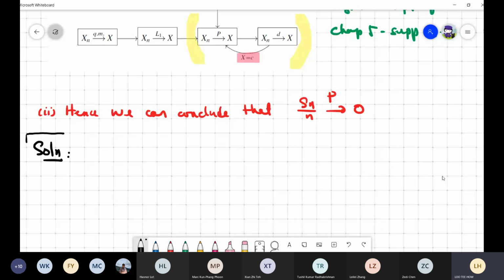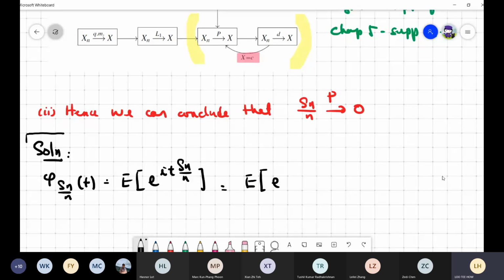Okay. First of all, we can have this. So this is actually equal to e^{it S_n/n}. Okay, so then you can combine the parameters. So that will be these two scalars, e^{it/n} multiplying our S_n.